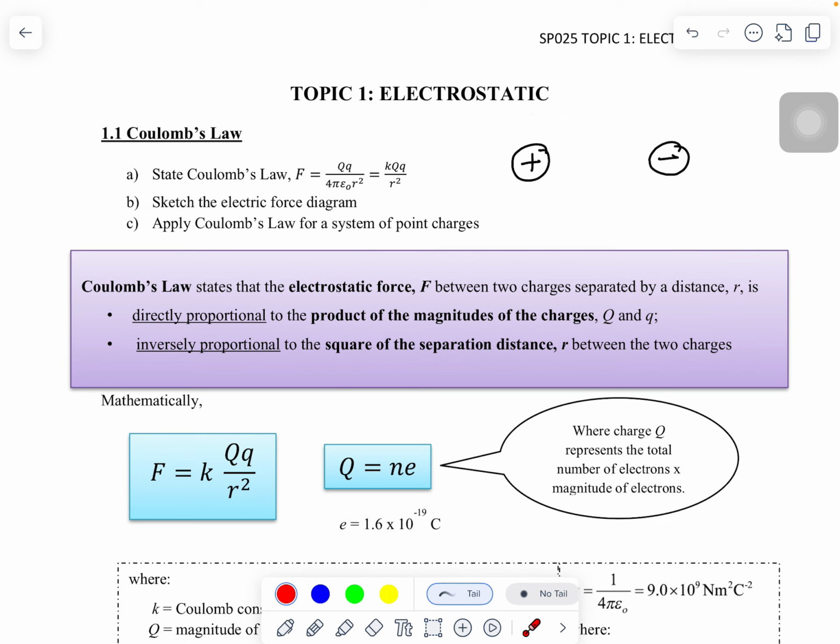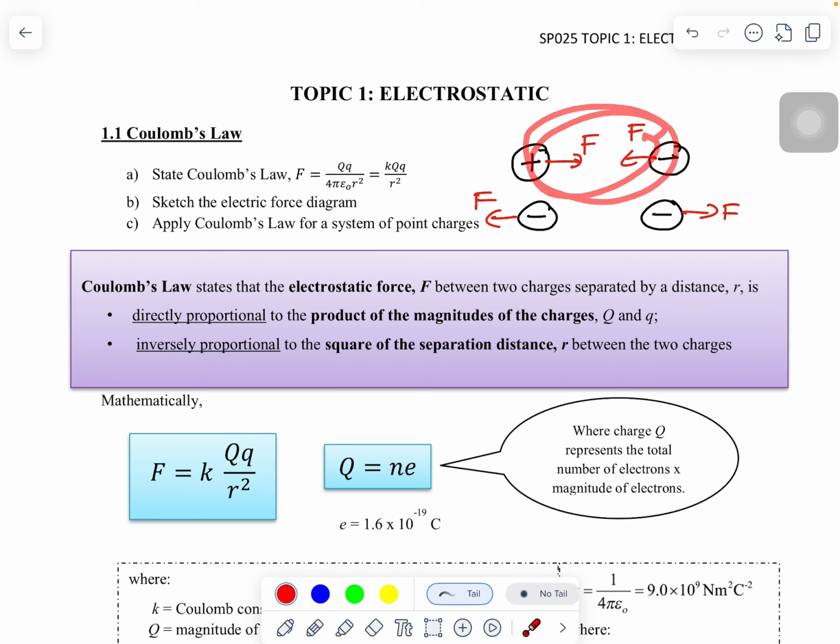So kalau kita ada positive dan negative, they will attract each other. If we have negative negative, okay, charge yang sama, they will repel each other. Okay, so force between them is directly proportional to the product of magnitude of the charge.